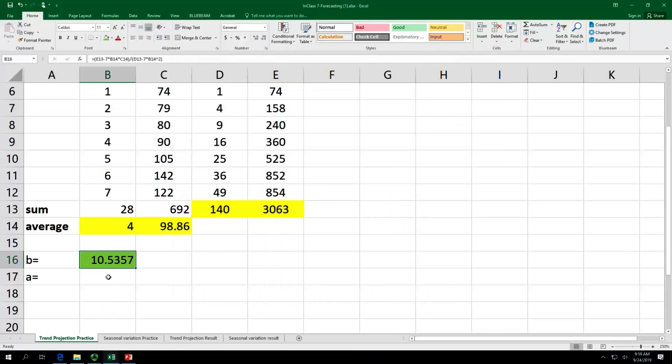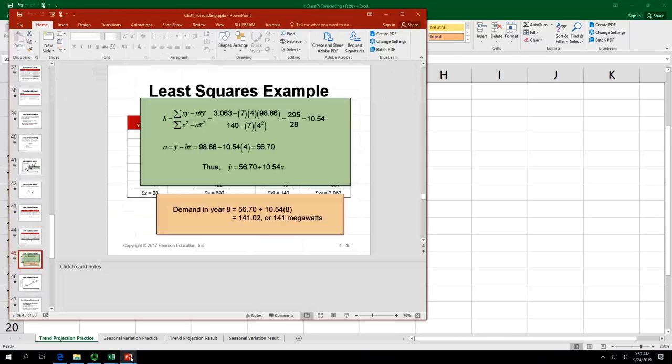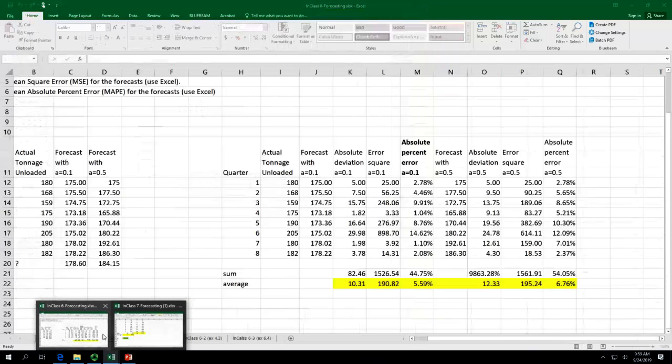After we finish the slope calculation, we are going to use the formula to calculate the intercept. When you look at the formula, A equals y bar, the average, subtract B that you just calculated times x average. Let's go to Excel.